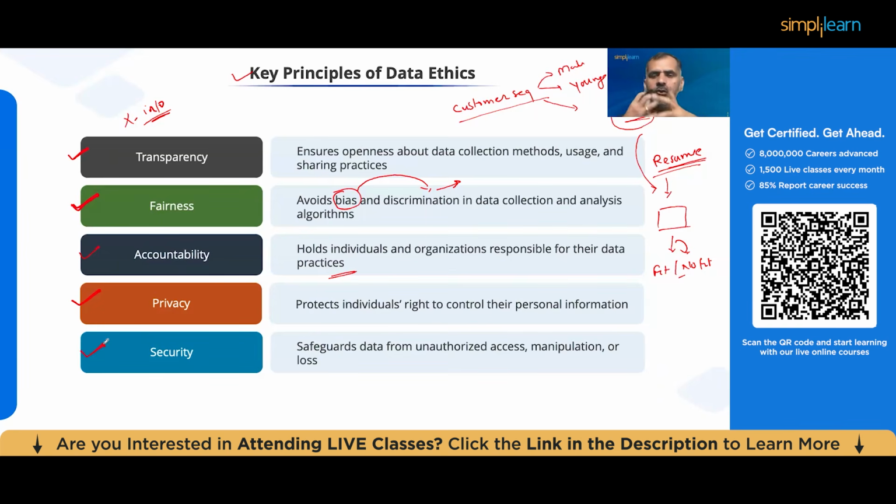Once you collect and store the data, it becomes your duty to put safeguards or security measures in place so that unauthorized access cannot happen on the data, and the data cannot be manipulated by an unauthorized user. So these are some key principles of data ethics, where we talk about different dimensions, and we need to consider all these dimensions with equal importance.